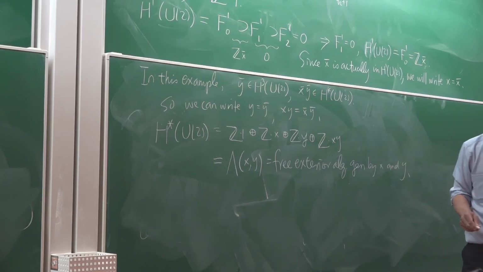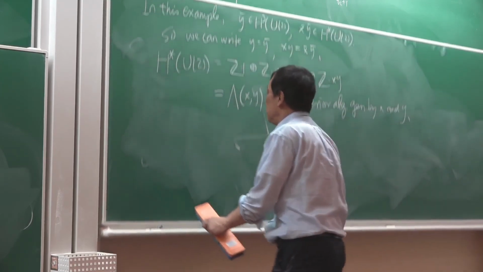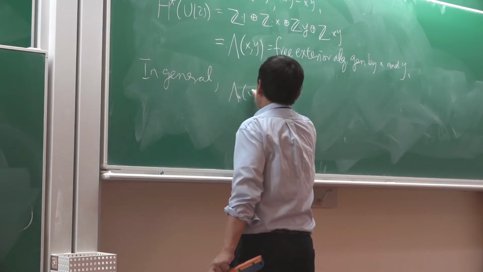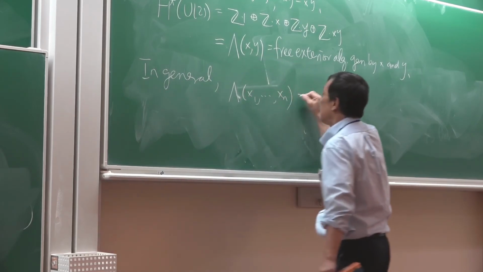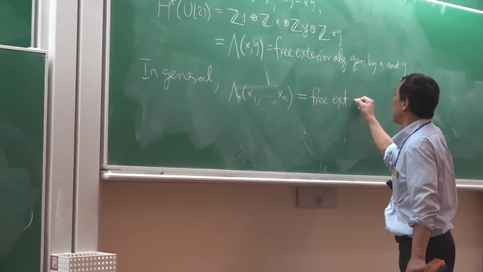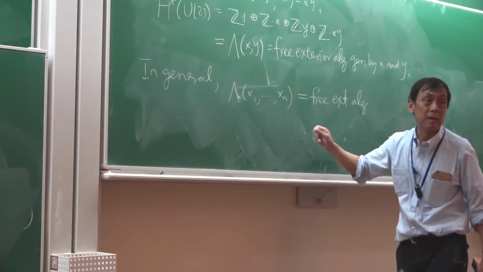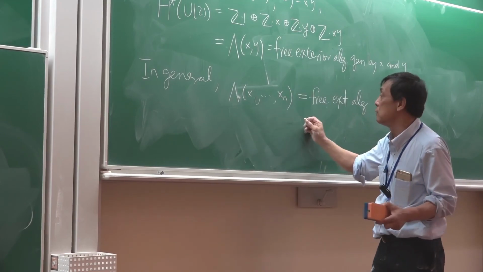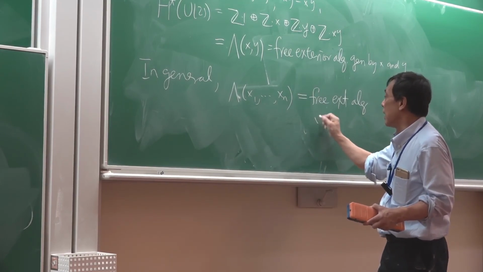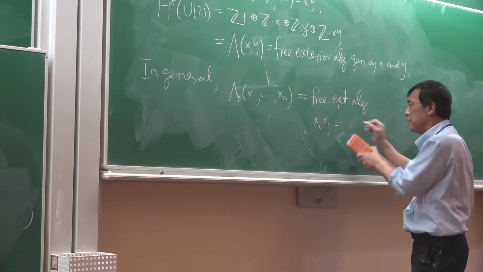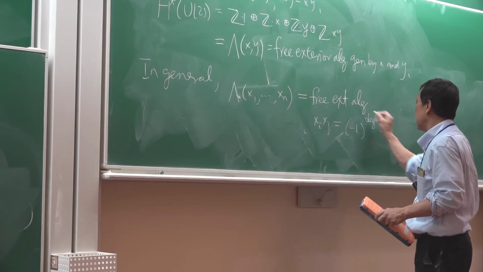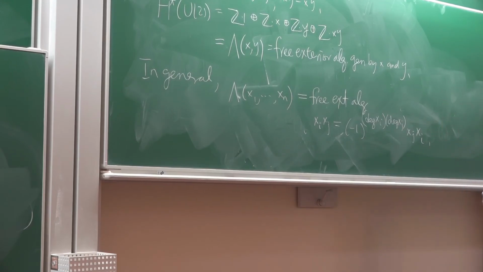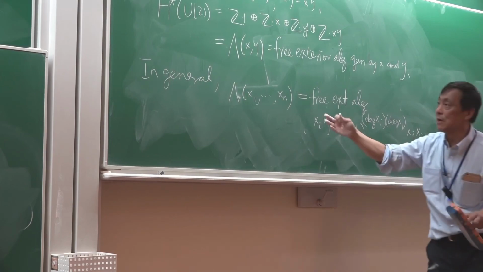In general, the free exterior algebra generated by some elements means you write down all possible products, and the relations are xi xj equals (-1) to the degree of xi times the degree of xj, times xj xi. That's a free exterior algebra generated by a number of elements.